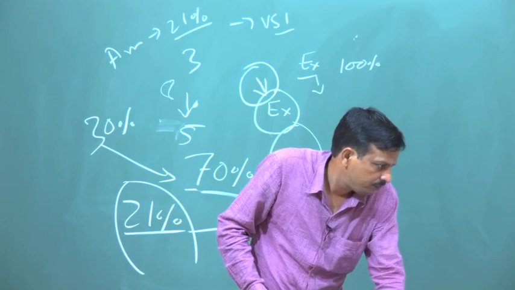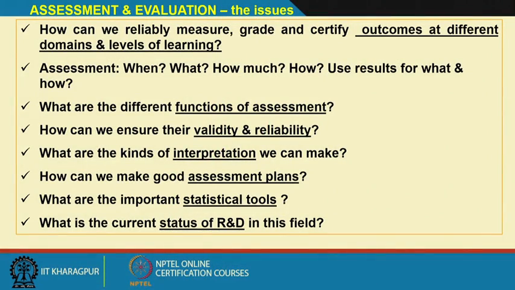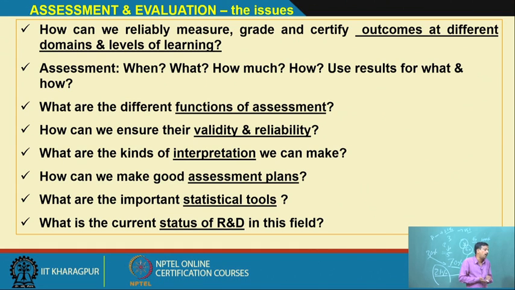Let us raise the issues. What issues are raised in assessment and evaluation? So, those are the issues. How can we reliably measure grade and certify outcome at different levels, different domains and different levels of learning? I have to certify the students.